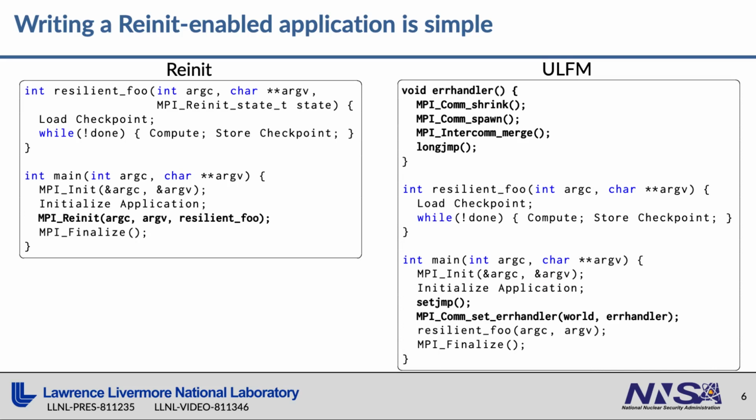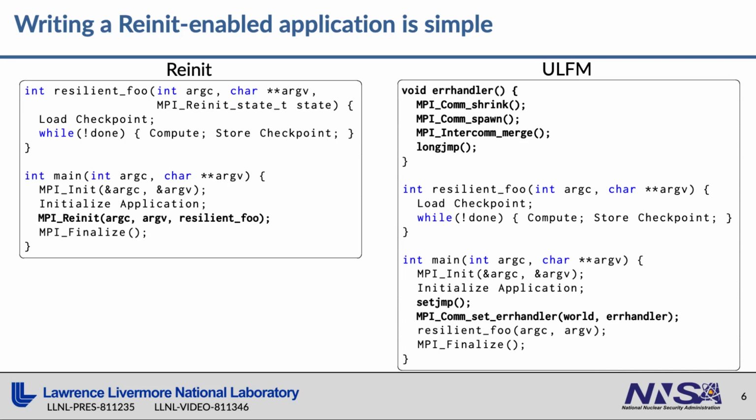Then the call to MPI reinit provides the entry point resilient function, which encapsulates the execution of the computation. Specifically, the resilient function will load a checkpoint, if there is one, and then go through the main computational loop, going into cycles of computing and storing checkpoints. Last in main is the call to MPI finalize that tears down MPI execution.